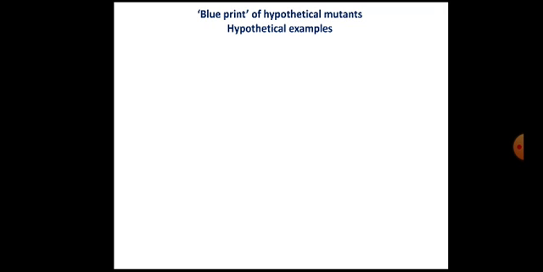Now we'll see a few hypothetical examples based on the availability of these blueprints. First example is of an unbranched pathway. In this case, A, B, C, D and E are the microbial metabolites of this unbranched pathway. The dotted lines show feedback control mechanism. It may be inhibition or it may be repression.